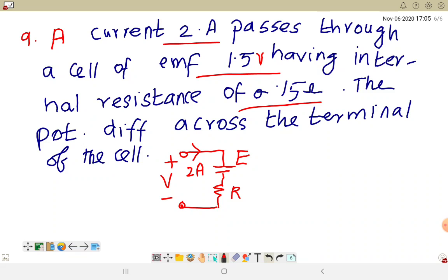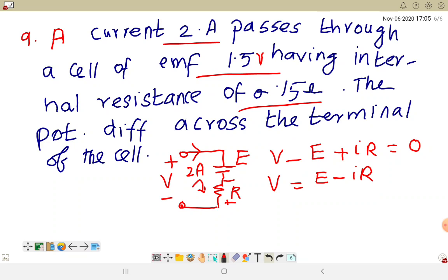Okay, here I have to write the equation using KVL. What is the value? V minus E plus I into R equal to 0. So V is equal to E minus IR.